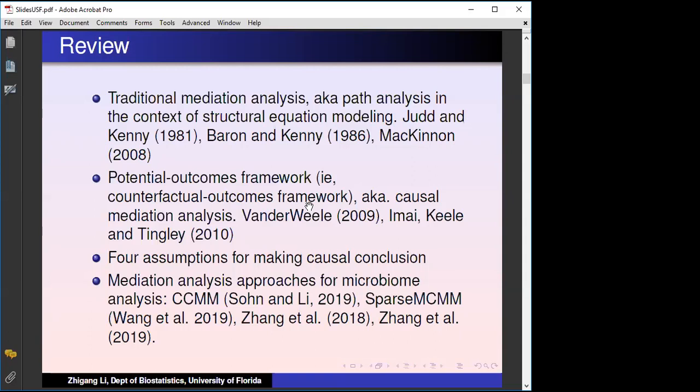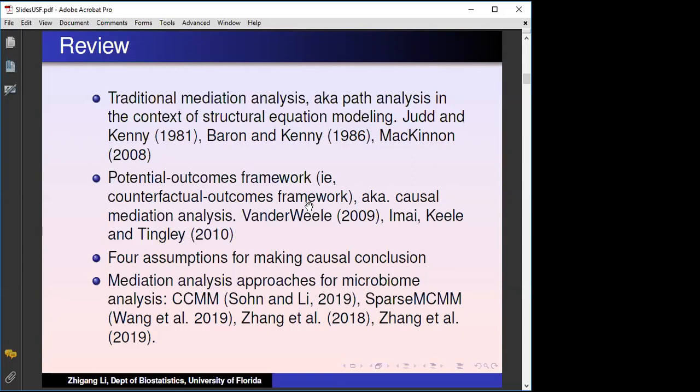So, from a philosophical perspective, in other words, the definition of the causal effect uses two outcomes. One of them cannot be observed because the patient has to either take the treatment or not take the treatment. So you can only observe one of the outcomes, and the other outcome is called a counterfactual outcome, which did not happen.